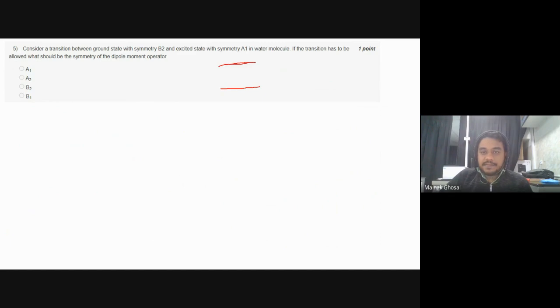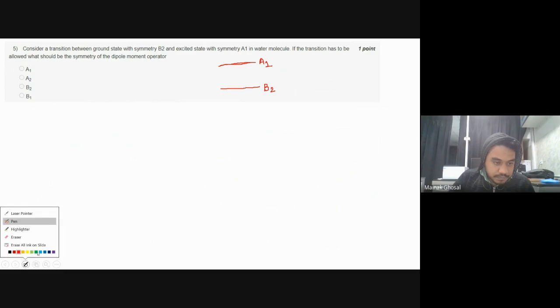So your ground state will have symmetry B2 and the excited state will have symmetry A1. So if the transition has to be allowed, what should be the symmetry of this dipole moment operator? So I'm making this question much easier for you.